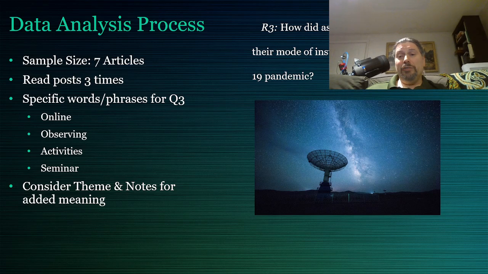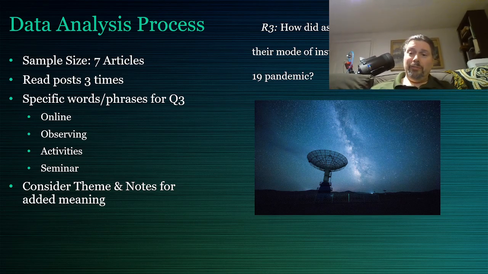Did they change their mode of instruction because of the COVID-19 pandemic? How eager were they to step out of the comfort zone of traditional astronomy labs or traditional activities?